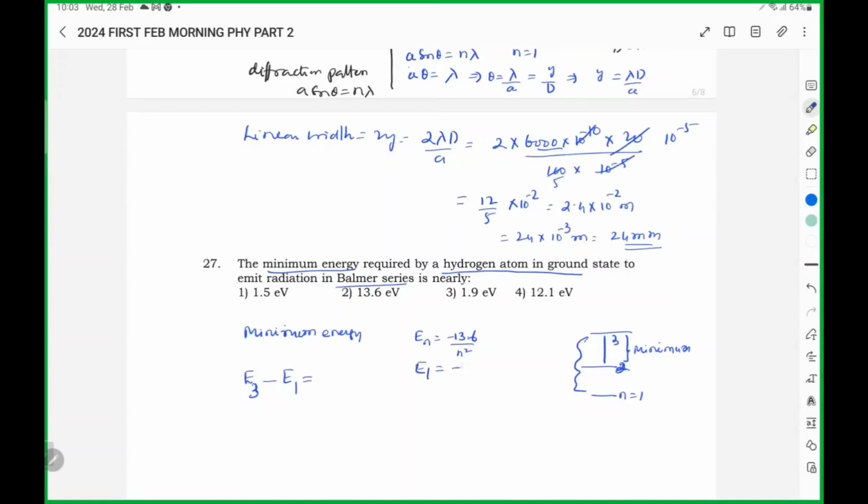In first orbit it is minus 13.6, third orbit it is minus 13.6 by 9, which is minus 1.5. So here it is minus 1.5 minus of minus 13.6, which is 12.1 electron volts.